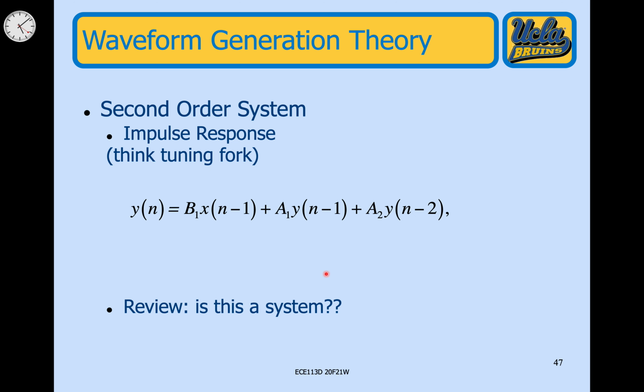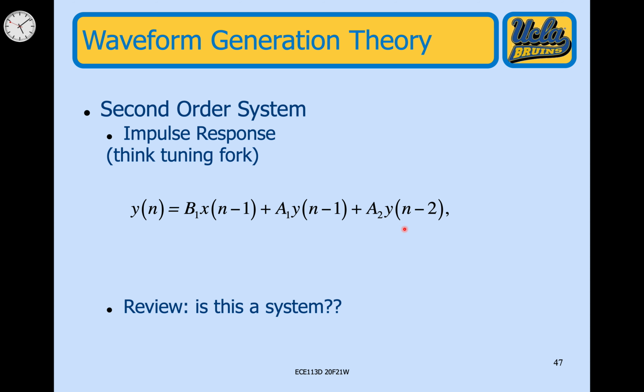Anyway, let's look at a second order system, and what's the impulse response of a second order system? Think about a tuning fork. You bang it, and the thing will sit there and vibrate at a certain frequency. So here is a second order system. How do you know that? Because you've got y of n, y of n minus 1, and y of n minus 2.